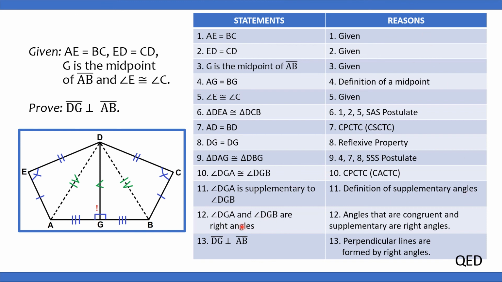Statement 12, angle DGA and angle DGB are right angles because angles that are congruent and supplementary are right angles. Finally, our conclusion, line segment DG is perpendicular to line segment AB because perpendicular lines are formed by right angles. QED.